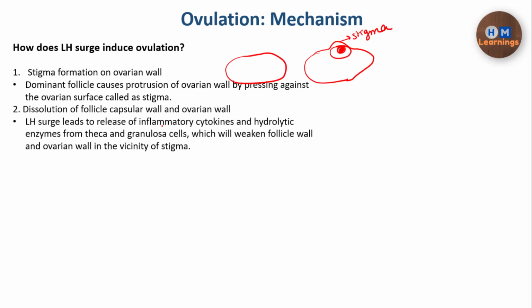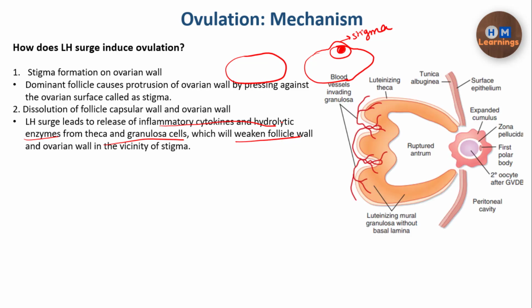Because the LH surge is going to cause a release of cytokines as well as hydrolytic enzymes from the theca and the granulosa cells, which will cause the degradation or degeneration of the follicular wall. So ultimately you can see it's a gap which is being created. This ovarian wall is being digested, and the follicular wall which is made by the theca and the granulosa cells is also going to be digested.